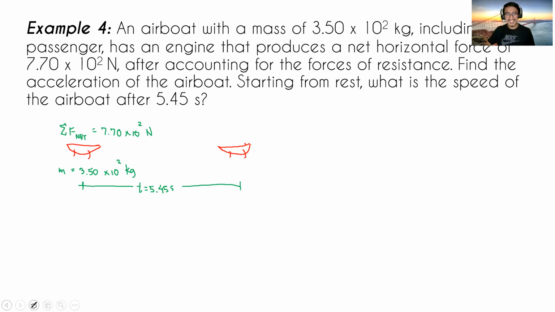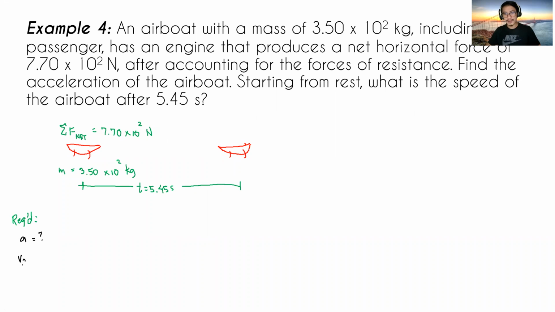Okay, so let us identify what are the required variables for this problem. First required is to find the acceleration. So we will look for the acceleration. Next, what is the speed of the airboat after 5.45 seconds?